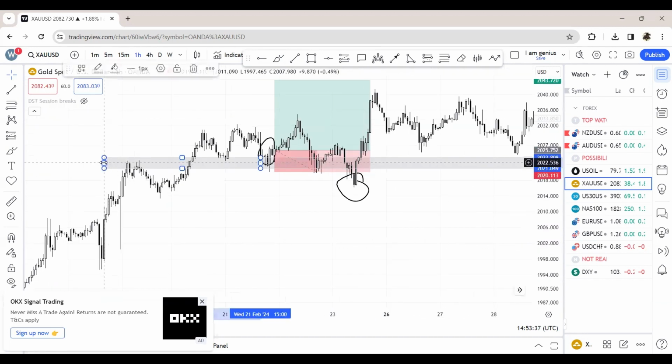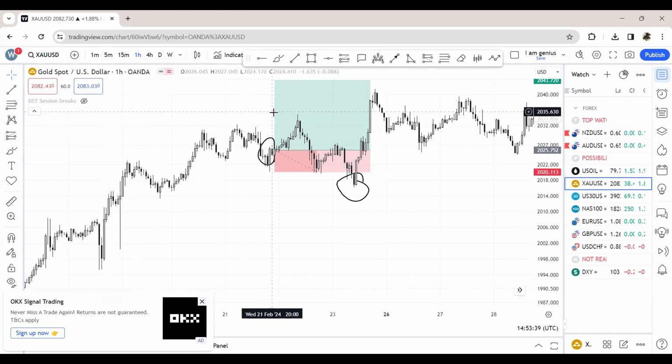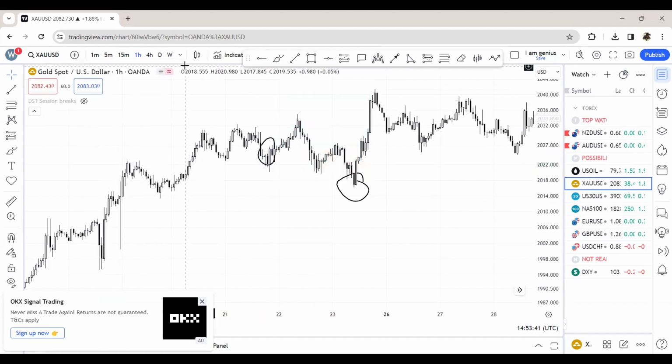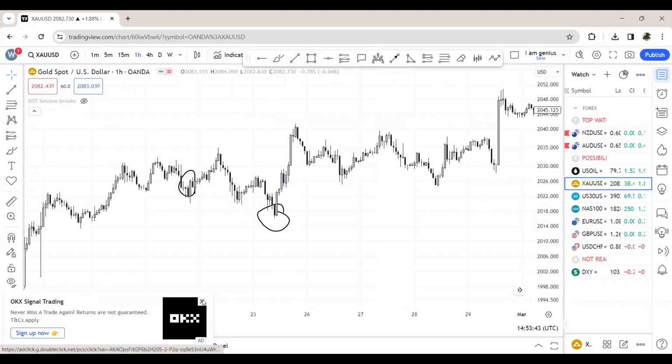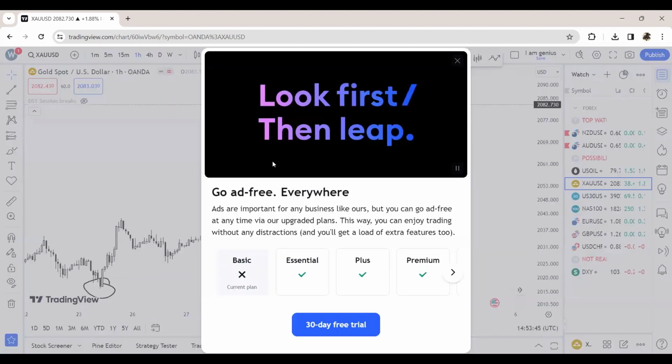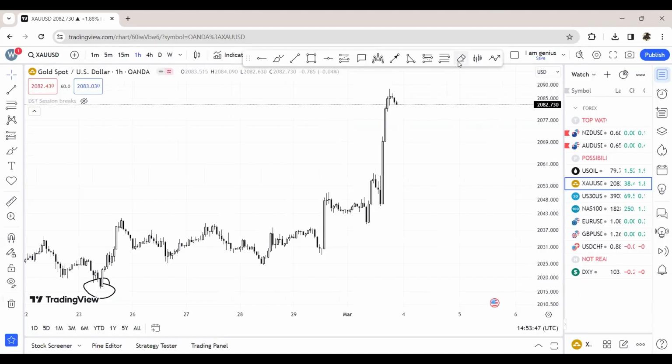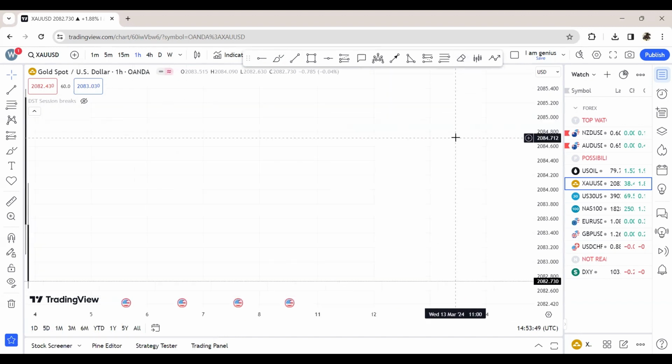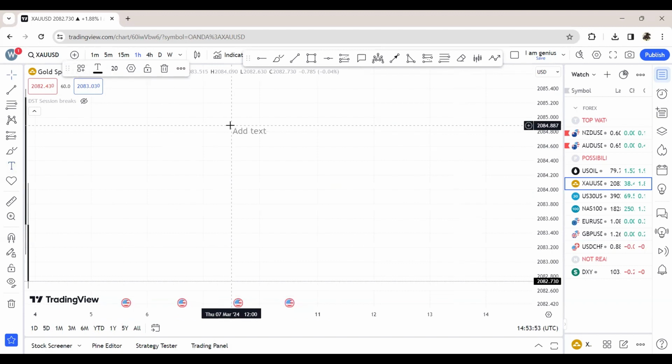how best you can protect yourself is simply by, let me go back a little bit. So what makes the market move is called liquidity.